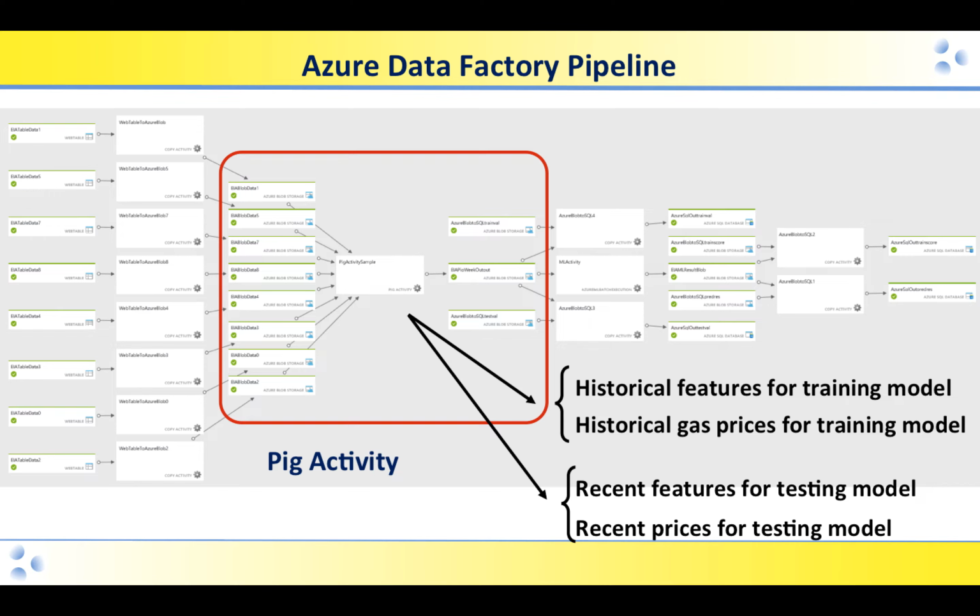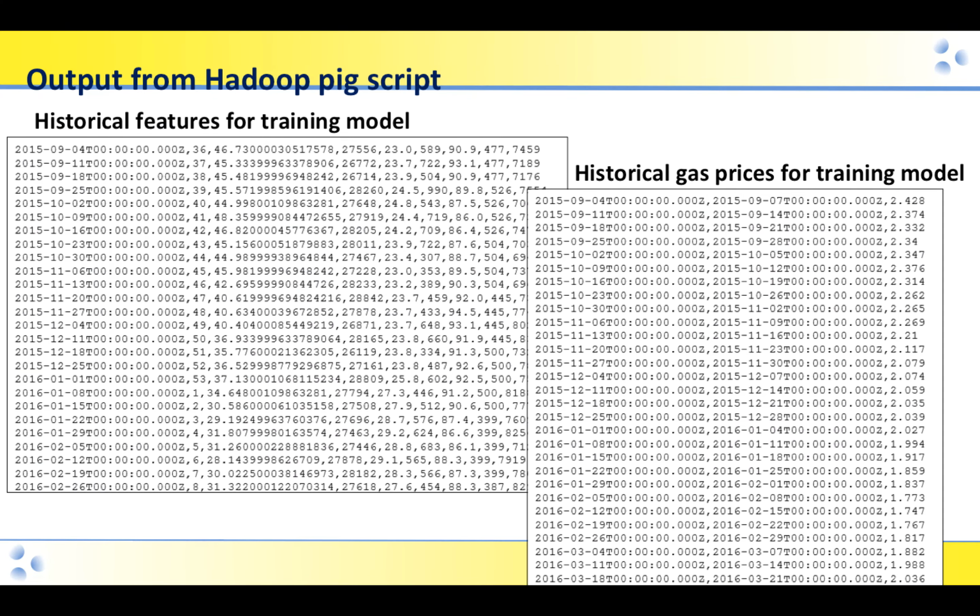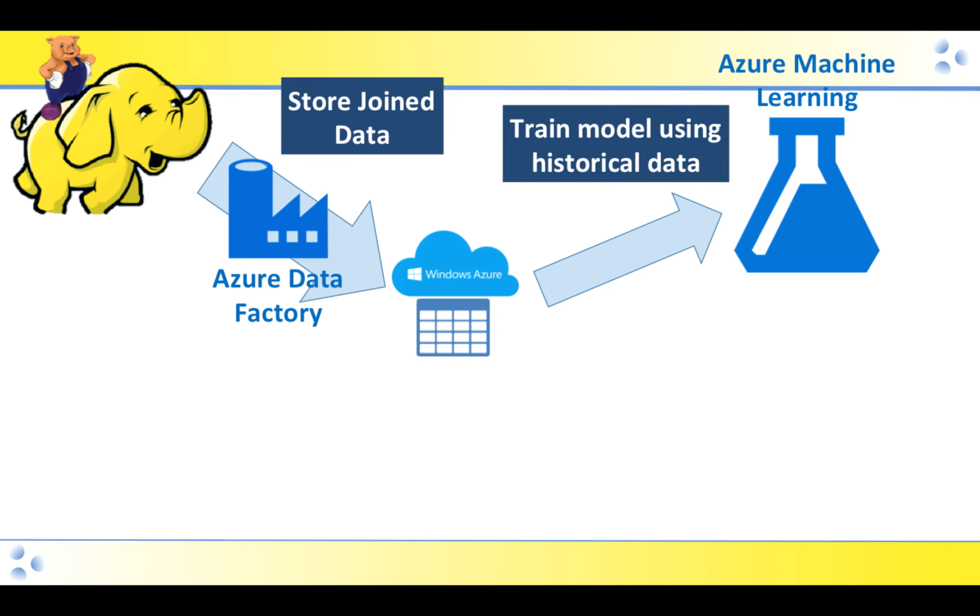And so I'll create my model based on about 10 years worth of data and then use it to predict the gas price for the last month or so to see how well the model is performing. So I have historical features that then get joined together, and again it's semi-structured data, and I have a schema that keeps track of all the different columns and what they mean.